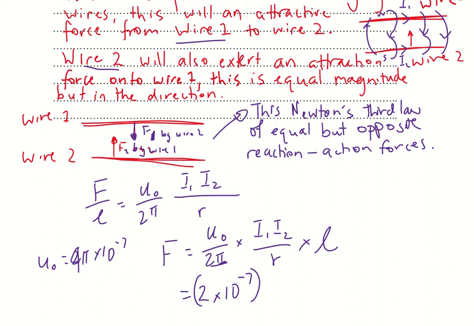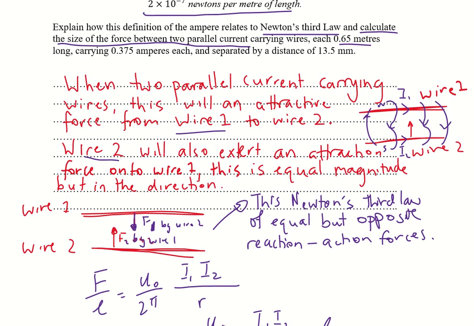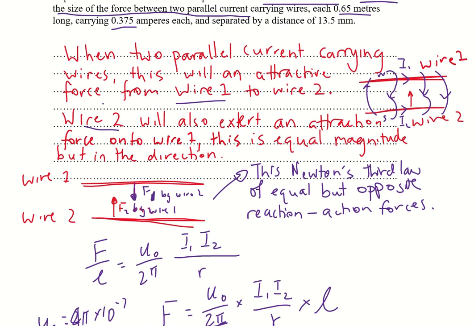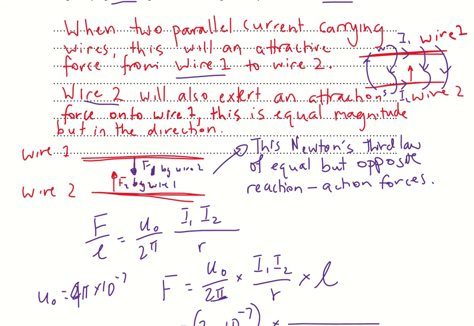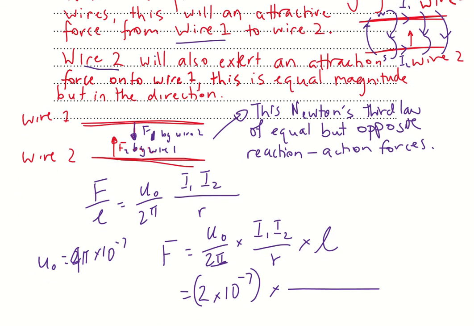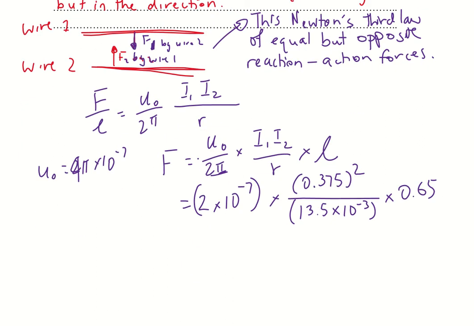That's our constant here. We have the two currents, and that is 0.375 amps each, separated by a distance of 13.5 millimeters. So you need to put that into SI units. If it's the same current, obviously you can just square it. And then 13.5 millimeters is 13.5 times 10 to the minus 3 meters. And then times 0.65 meters there.